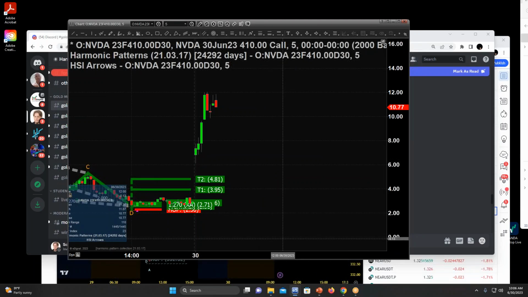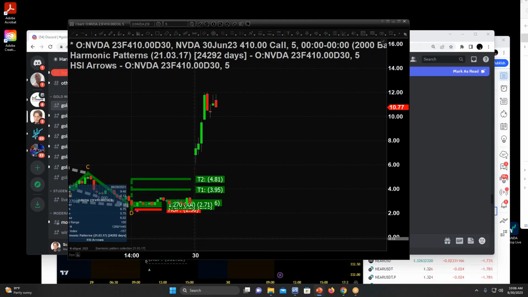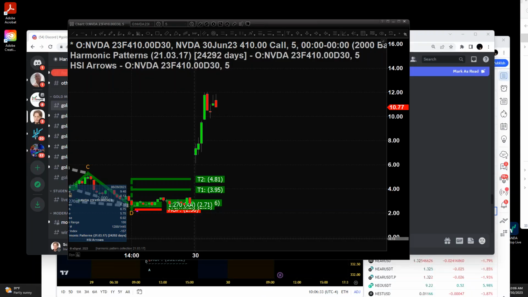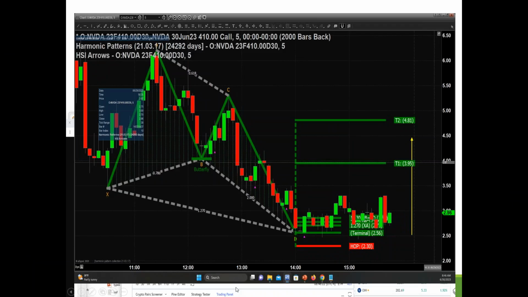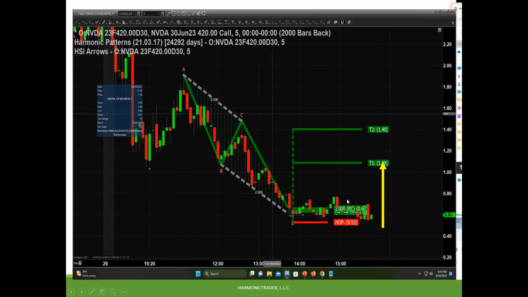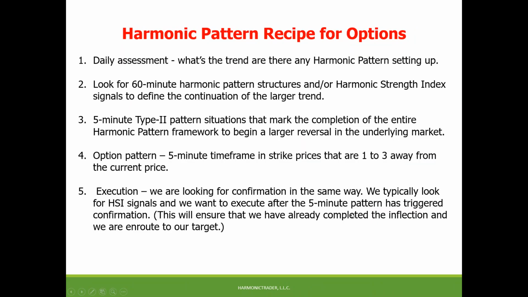Now, let's get back to that presentation and just walk through a couple of those charts. So again, that's from yesterday, and our positioning achieved. What we're trying to identify, the harmonic pattern recipe for options, is a daily assessment.